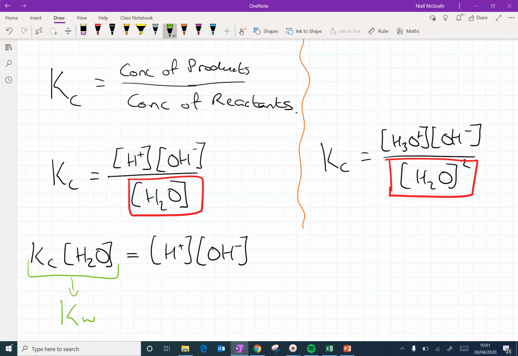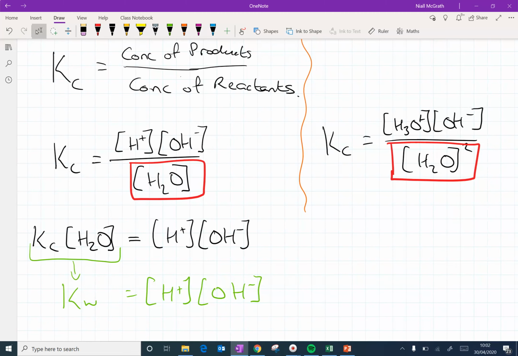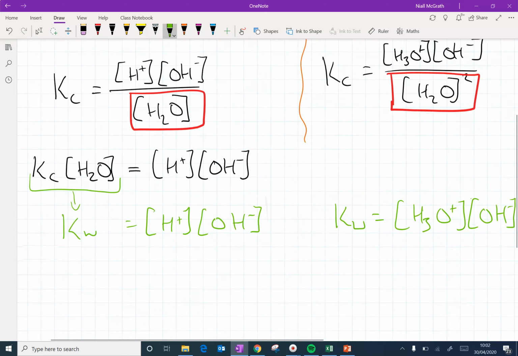If you see Kw anywhere, that's what it's representing. So Kw is equal to H plus times OH minus. The same thing happens on this side, where Kw can be written with H3O plus. So both terms are correct, and both are used in questions.